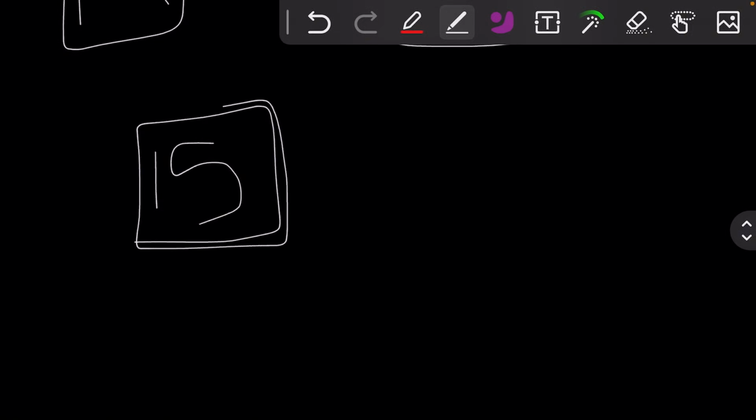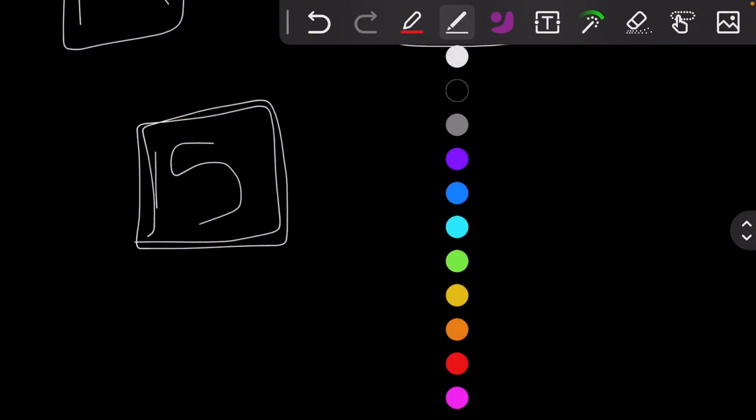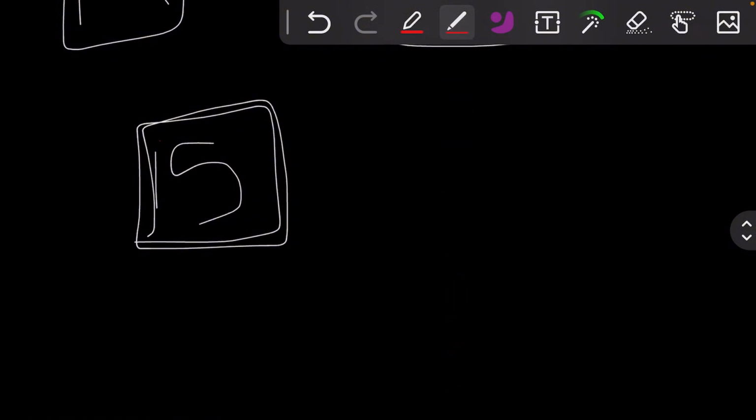Another example. Let's say we have the number 15. 15 is the end result.